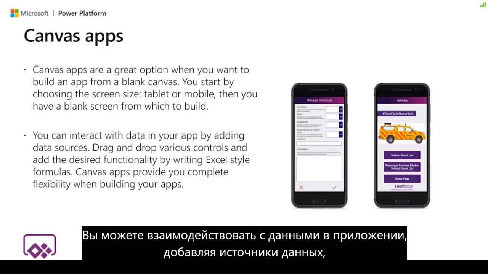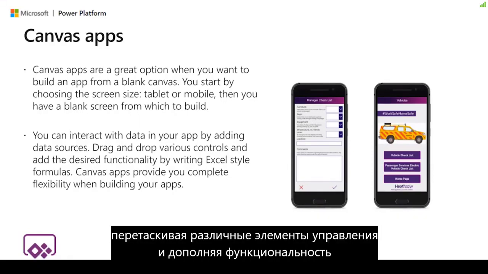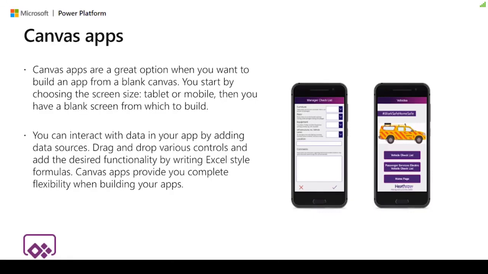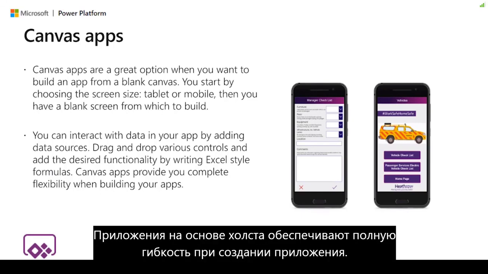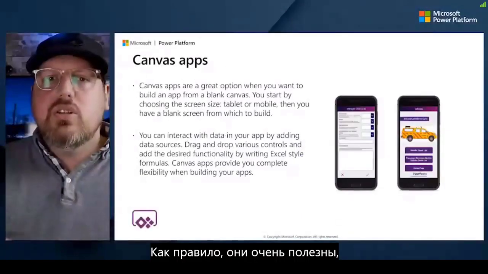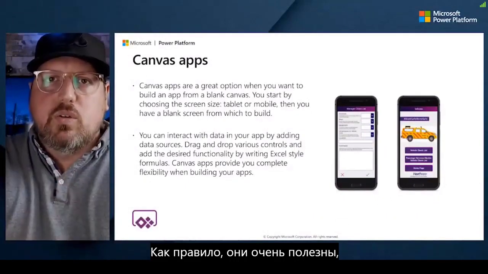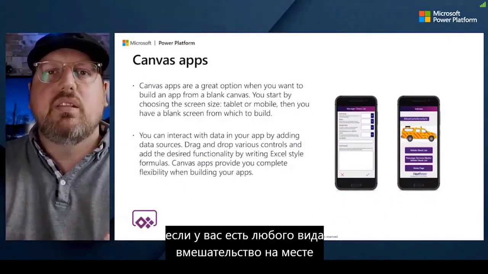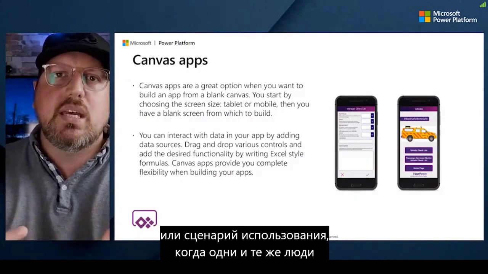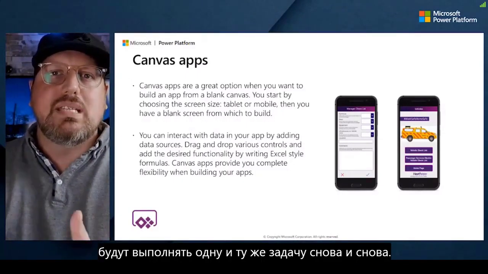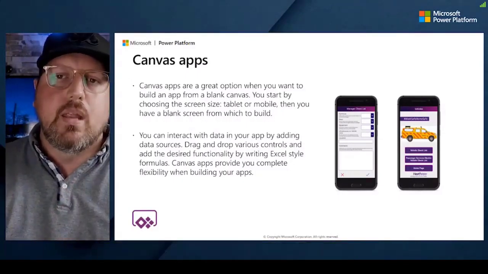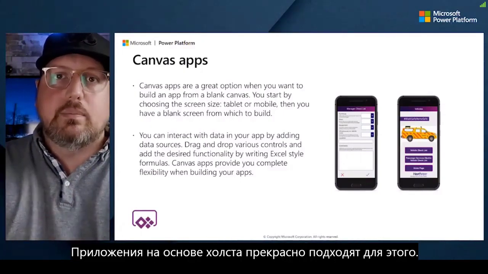You can interact with the data in your app by adding data sources, dragging and dropping various controls, and adding the desired functionality by writing Excel-style formulas. Canvas apps provide you complete flexibility when building your app. They're usually very useful when you have any type of field intervention, or you have a use case where the same people will do the same task over and over again. And Canvas apps are great at that.